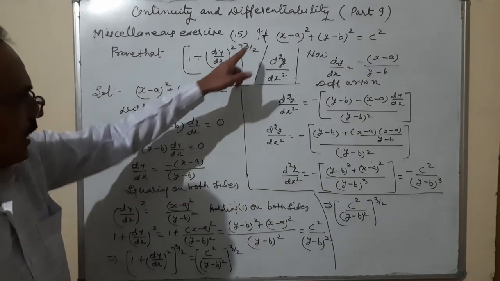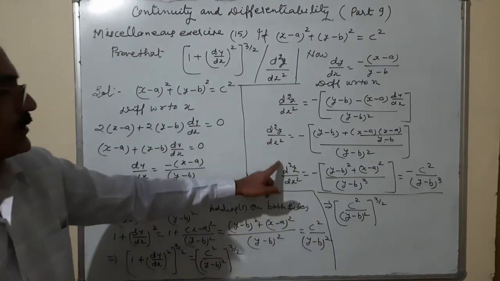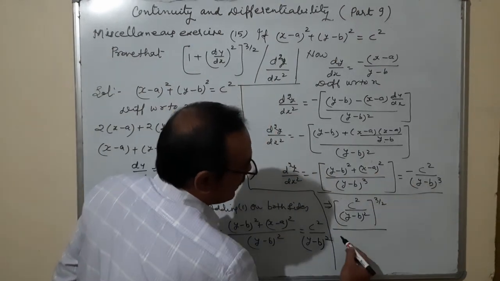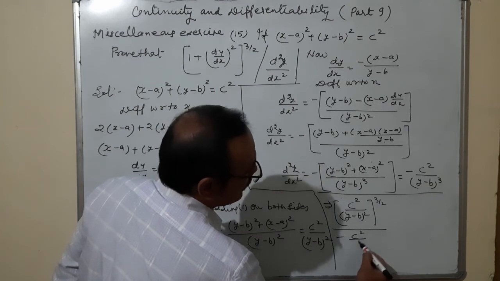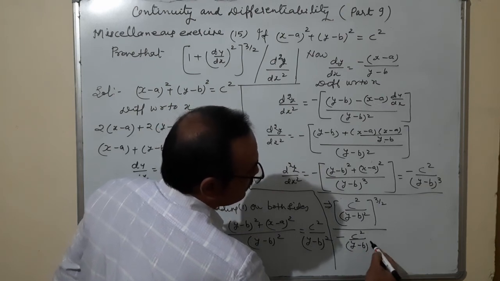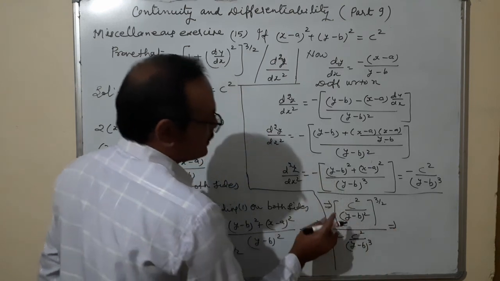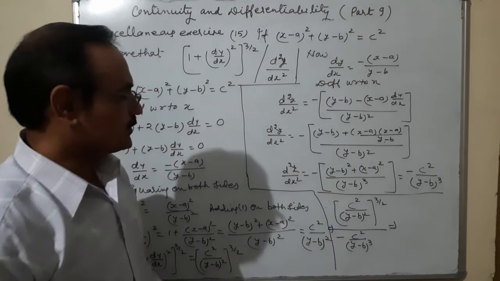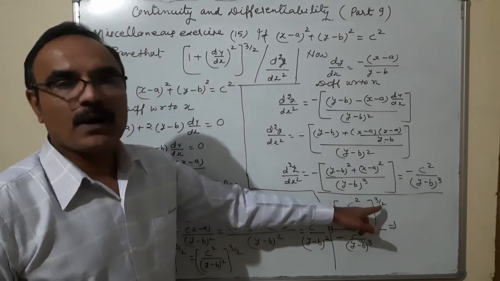This is upon d square y by dx square, that is upon minus c square upon (y minus b) to the power 3. And this means c to the power 2 to the power 3 by 2.